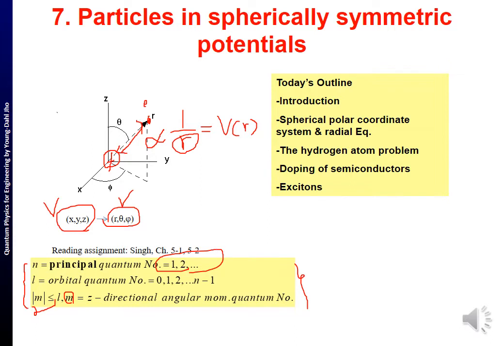N starts from 1, 2, 3, and so on. L starts from 0, going all the way up to n minus 1. And for the condition on the absolute value of M relative to L, to derive this you need to go through some mathematical procedures, which is not the most important part of this class.